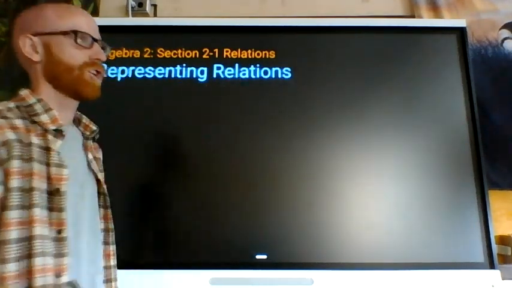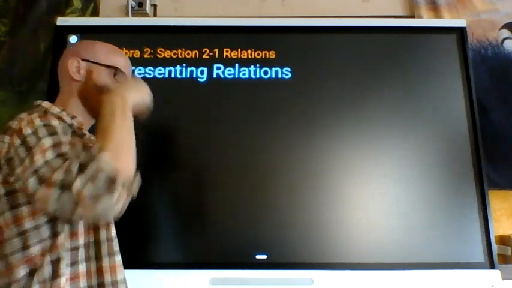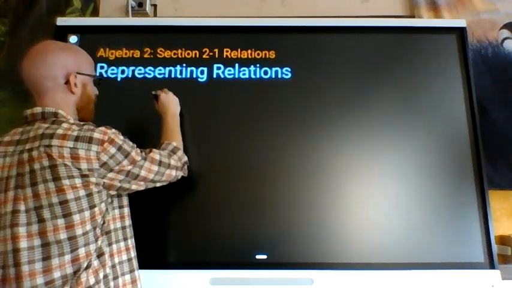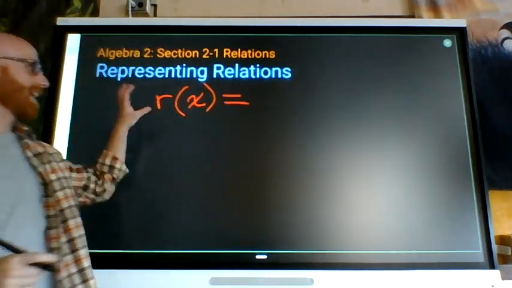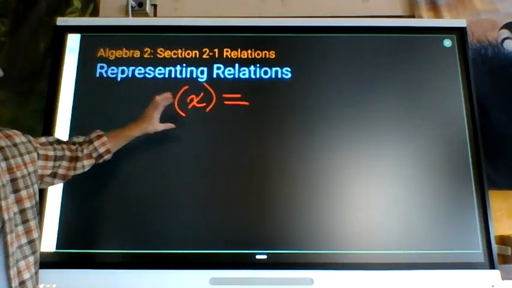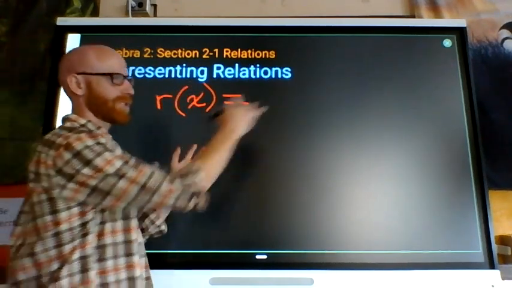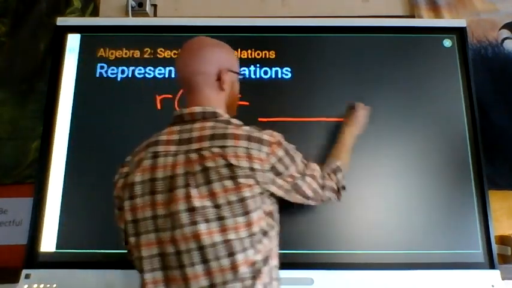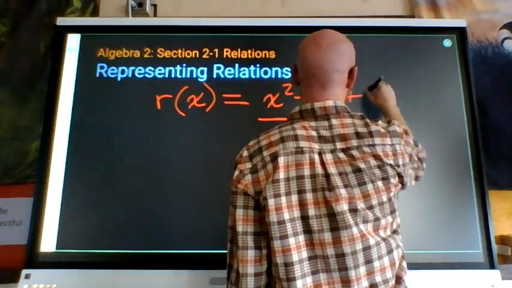Usually when we do this, we write it in this format that you might remember from Algebra 1. The name of the relation, R, the name of the input variable, x, equals, and then your rule, something like x squared minus 3x plus 5.